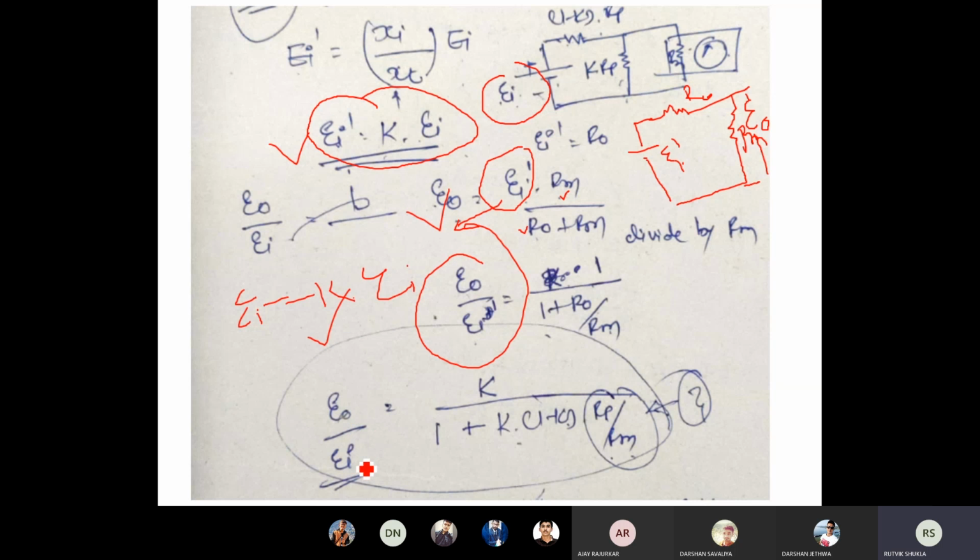So EI will be on here while I am taking K on the other side, so K is over here. 1 plus RO is equal to K into (1 minus K) into RP, and RM will be as it is. So the overall equation is like this: EO by EI is equal to K upon 1 plus K in bracket (1 minus K) into RP by RM. This is called the entire output equation, which includes the effect of RM over your output voltage.